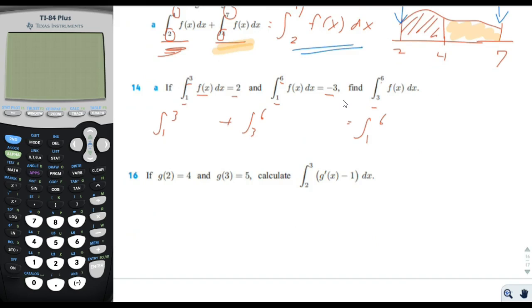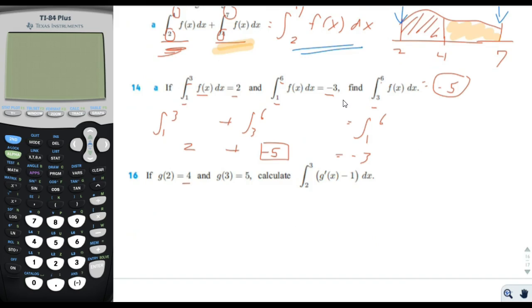So let's say, if the integral from 1 to 3 is 2, the integral from 1 through 6 is -3, then what is the integral of 3 through 6? Okay, so using a little bit of algebra there, we can see that the answer is going to be -5, right? If we put a -5 in this box, then that would work out. So, -5.